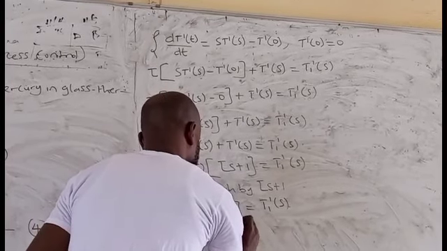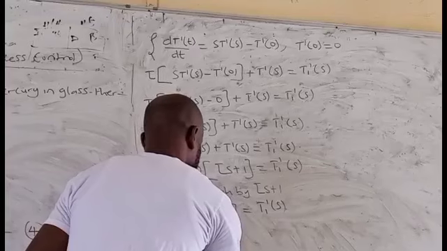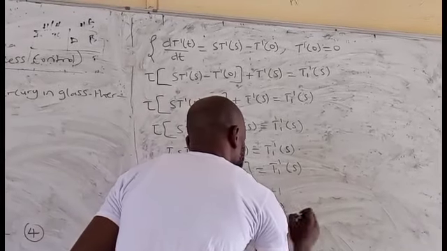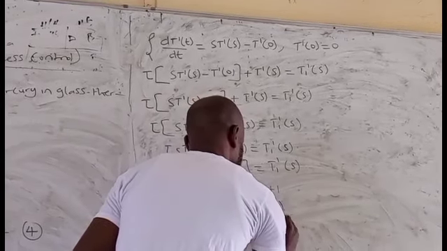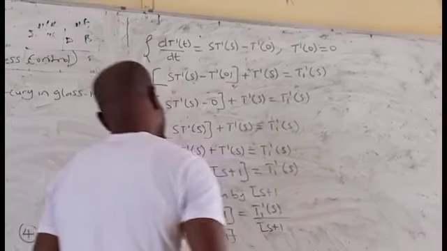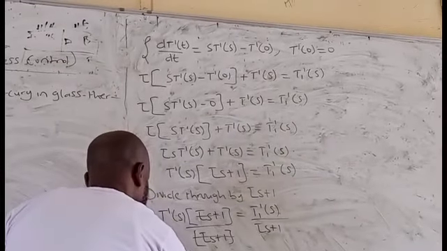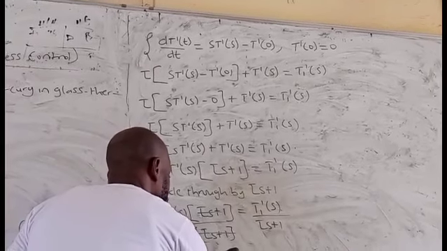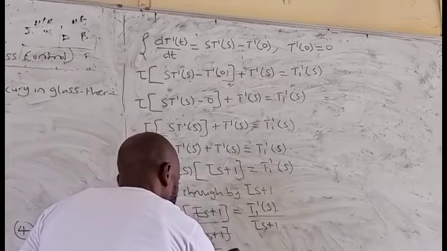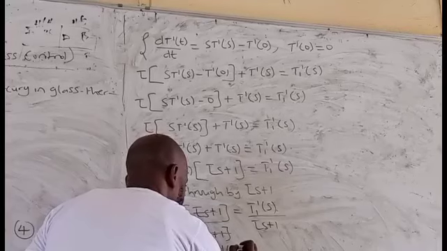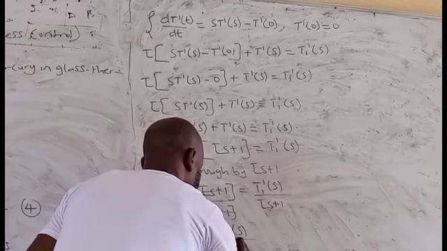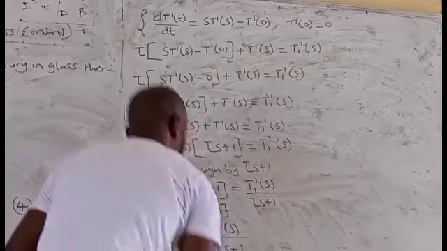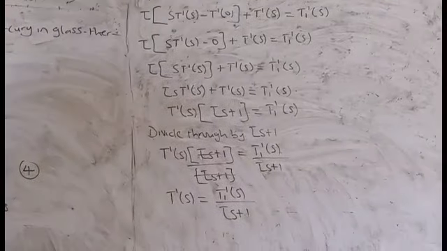So you're going to have T'(s) give you T1'(s) over tau s plus 1. This is what I'm going to get.